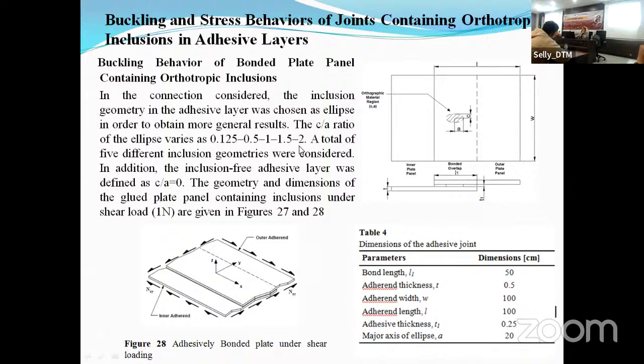So when C over A is equal to 0, we say that it's an inclusion-free adhesive layer. When C over A is equal to 1, you know, it's just a circular geometry. And it's a shear loading.